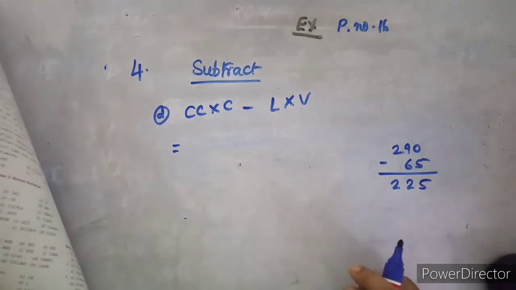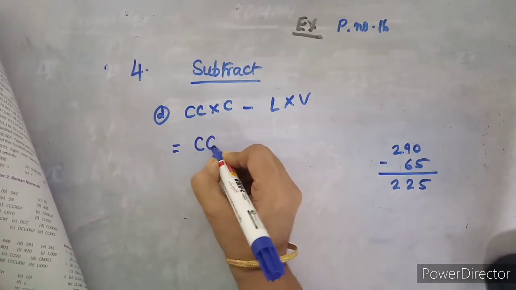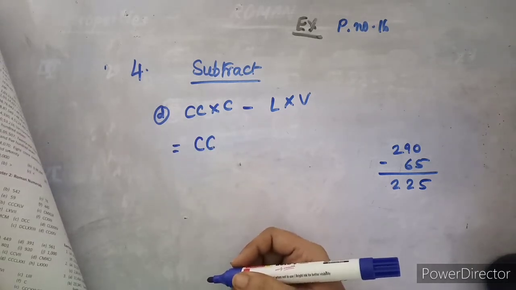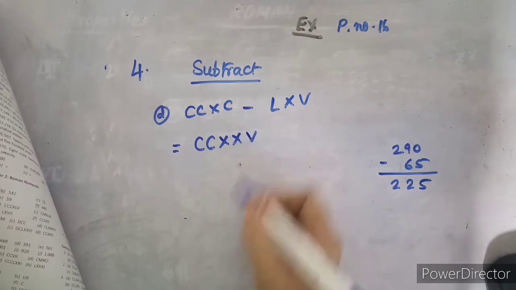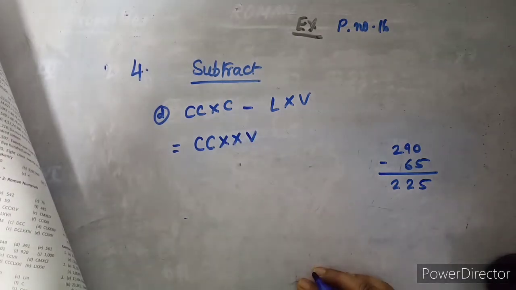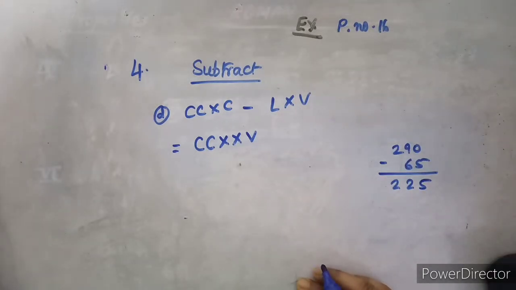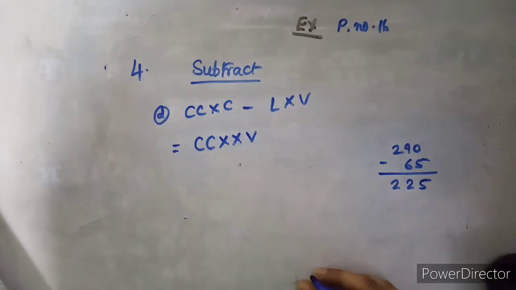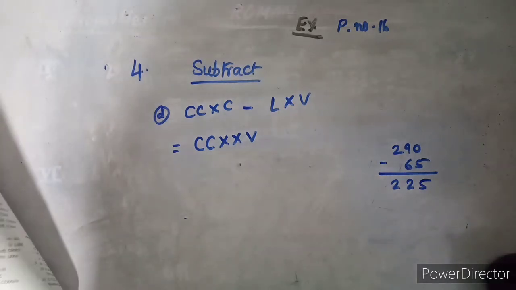So 225. How will you write that? 200 and then 20 and 5. So this will become 225. So this is about your fourth question.